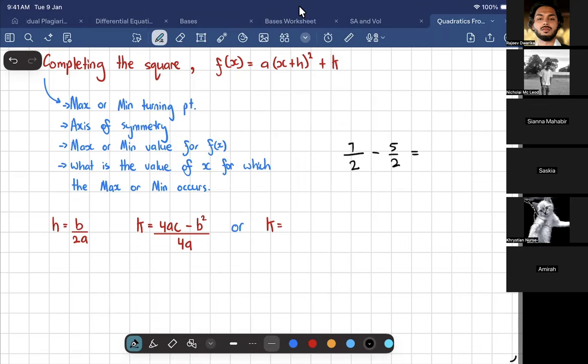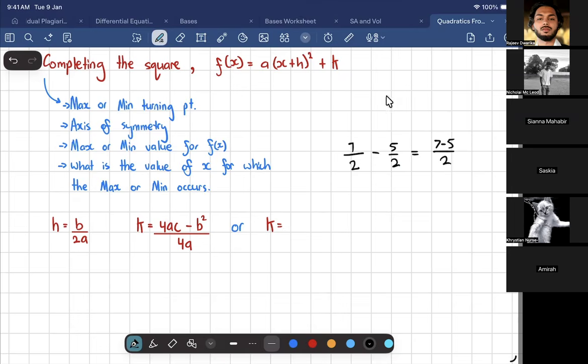What would that be equal to? It would be 2 over 2, right? But how did we figure that out? Well, they have the same denominators, so I can just perform the operation on the numerator. So that's going to be 7 minus 5 all over 2. That makes sense, right? No rocket science there. Let me know if that makes sense, guys.